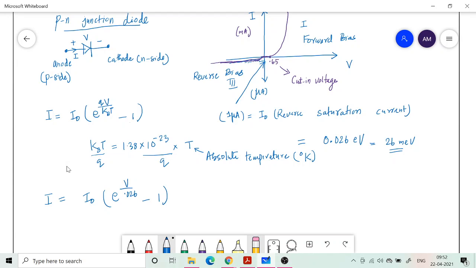So this is basically the diode equation, where I have taken T equal to 300 degree Kelvin. Now as I told you, in the characteristics there are forward bias characteristics and reverse bias characteristics, quadrant 1 and quadrant 3.